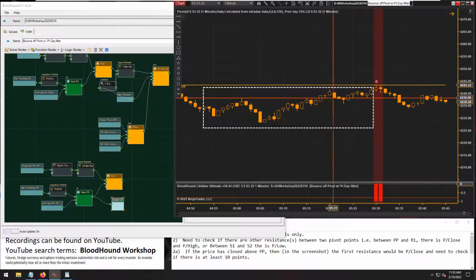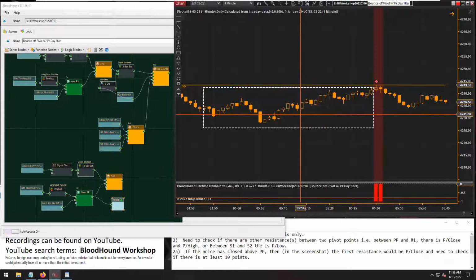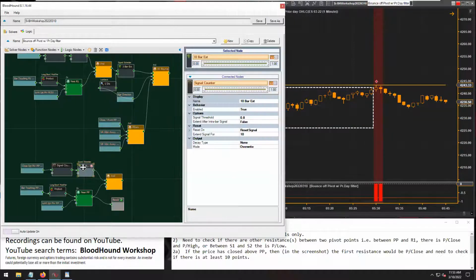So price didn't get to the PP line in time for a bounce. So again, we could make an exception for that. We could take the signal extender and adjust it for 11 bars and create that allowance.